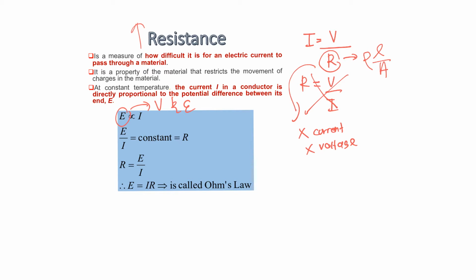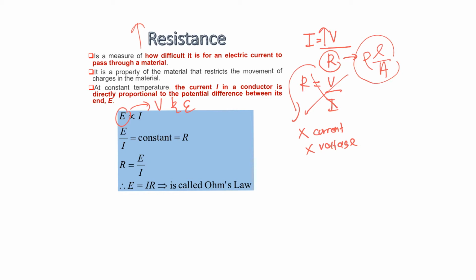I'm not going to explain this deeper because it is quite high level, plus I think you already learned it in SPM. What I want to show you is the relationship in Ohm's law. When you have a higher potential difference, your current flow is going to be higher.